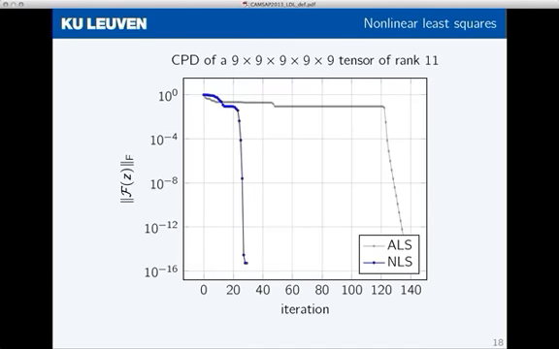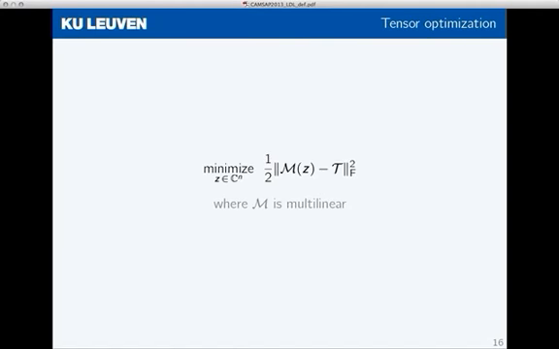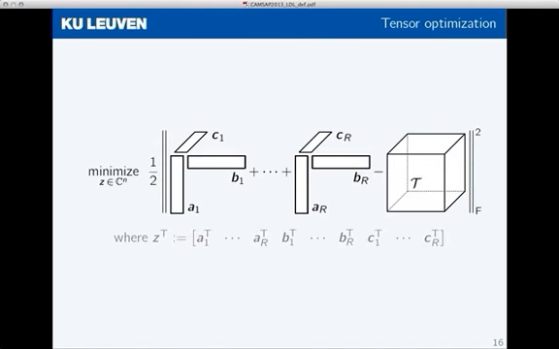And actually, there is room for improvement. The workhorse algorithm for this is alternating least squares. So it nicely exploits the multilinearity in the following way. How do you find the solution? You keep B and C constant, then you have just A in a linear way.